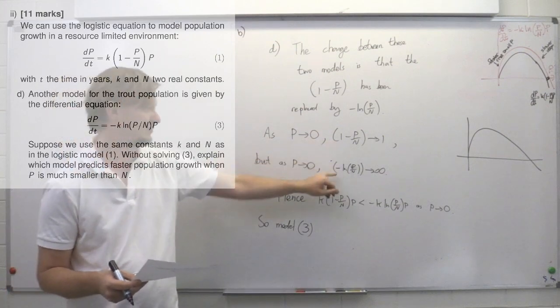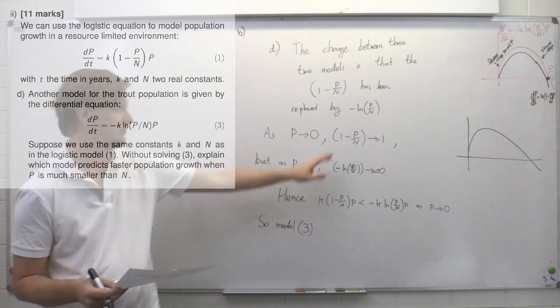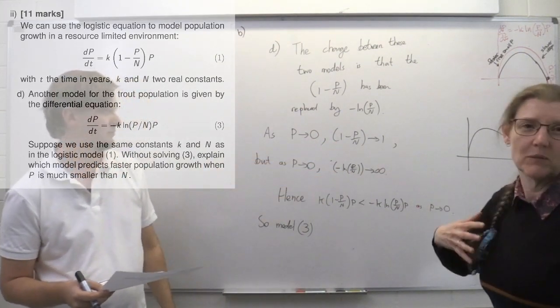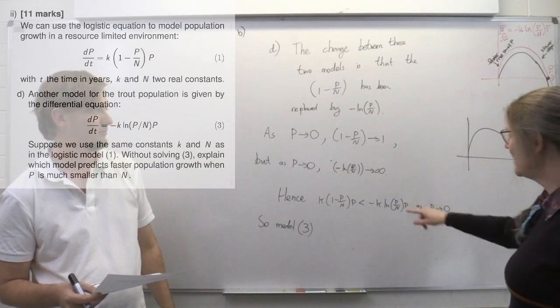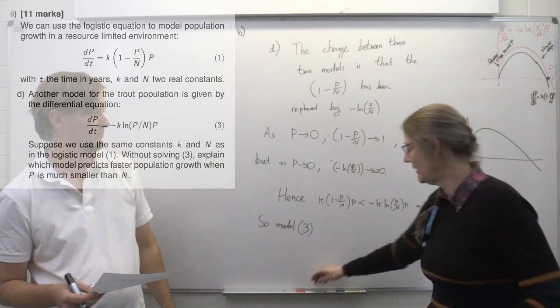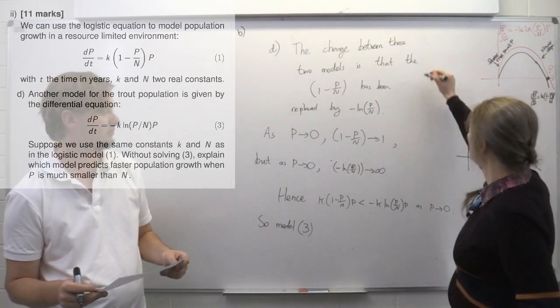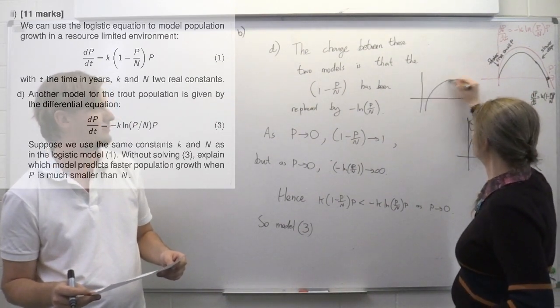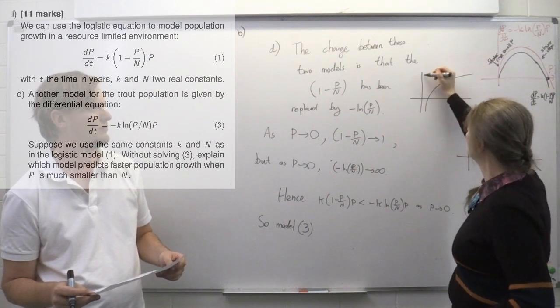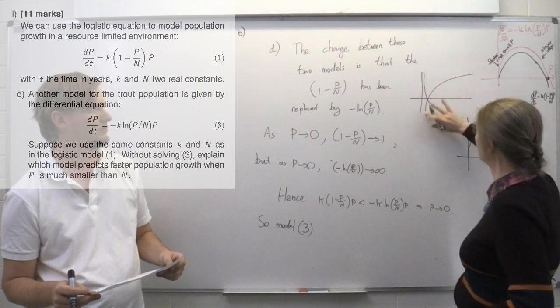Yeah, so here. Looking at this again, I'm a graph type person, so I would be plotting this thing, right? If you think about it, a log function looks like this. So minus log is going to look like that.